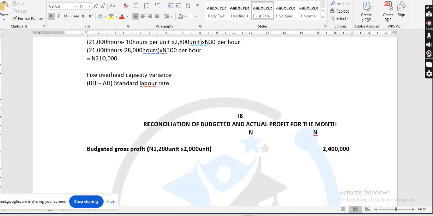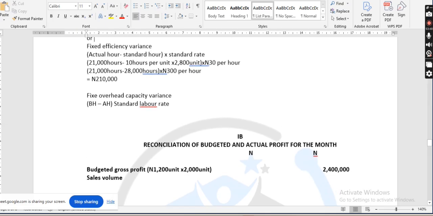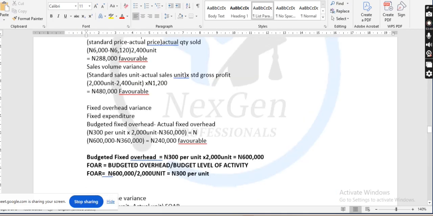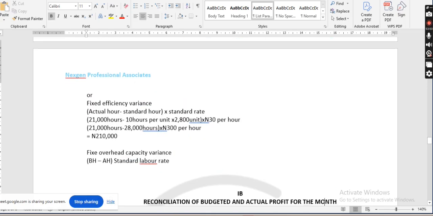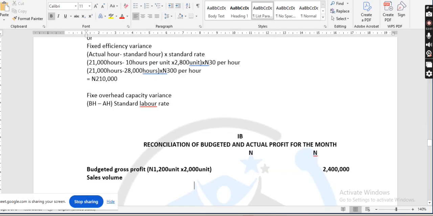So what is the sales volume, favorable or adverse, that we calculated from the question? 480,000. Okay, thank you, Joe. So I don't need to scroll up again. 480 favorable.